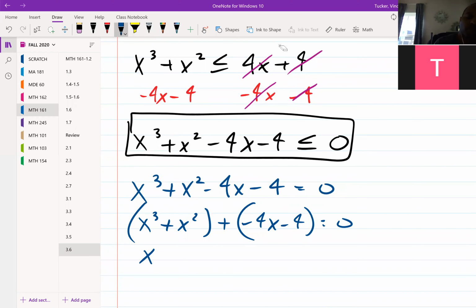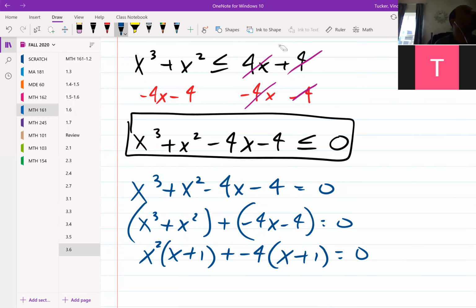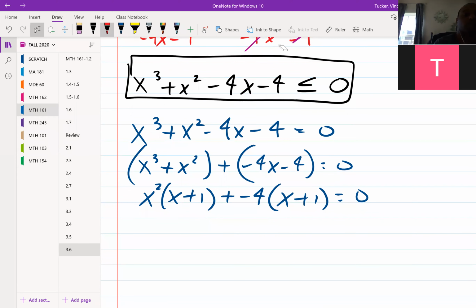First one, we can factor out x squared. So x squared times x plus 1. Next one, factor out negative 4. But I also had to leave x plus 1 in the parentheses. Bring x plus 1 out front.